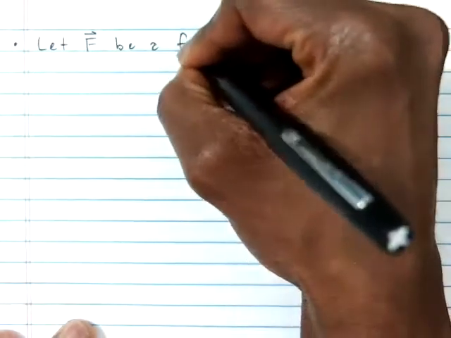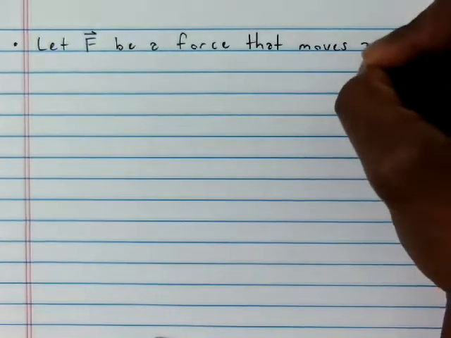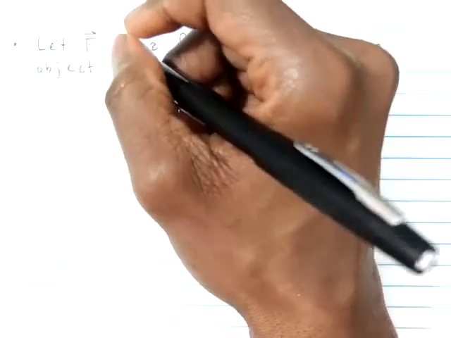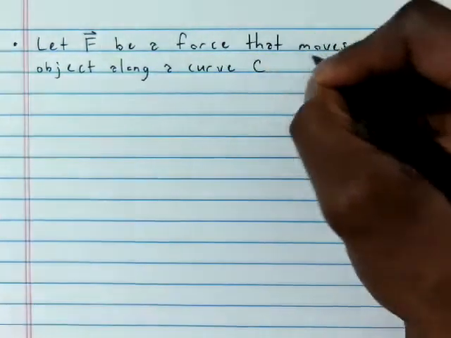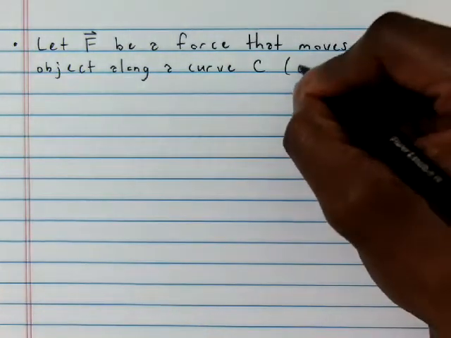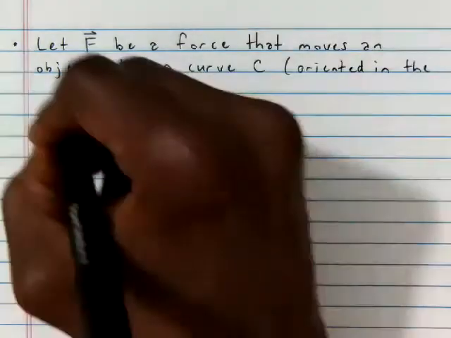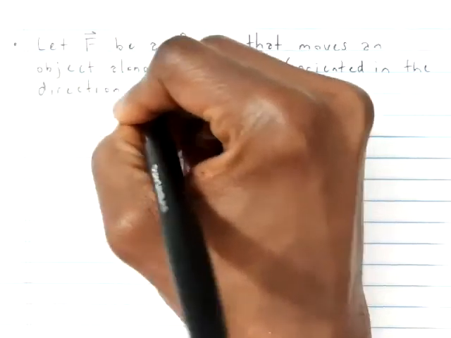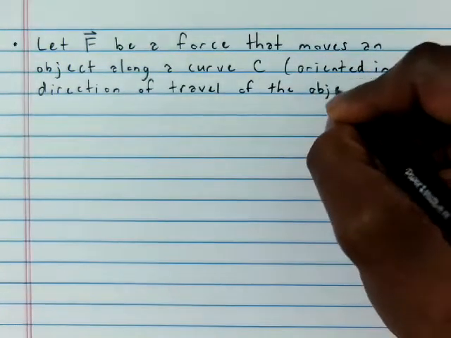Let the vector field F be a force that moves an object along a curve C, where our curve C has to be oriented in the direction of travel of the object.